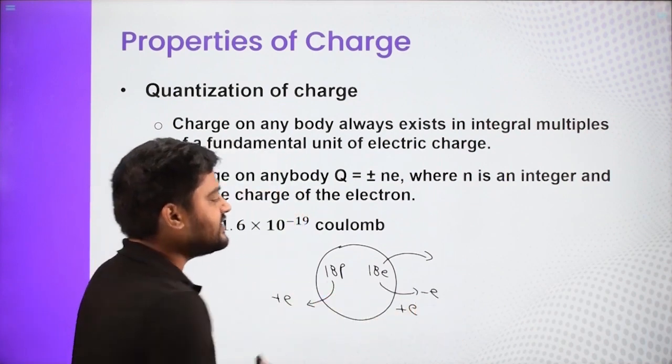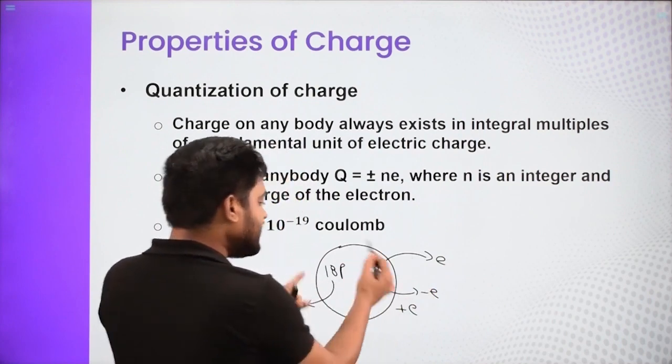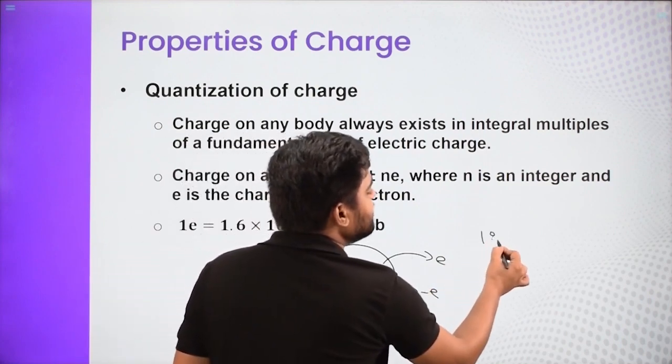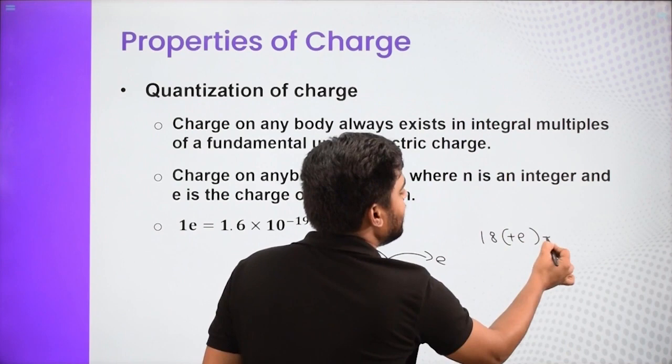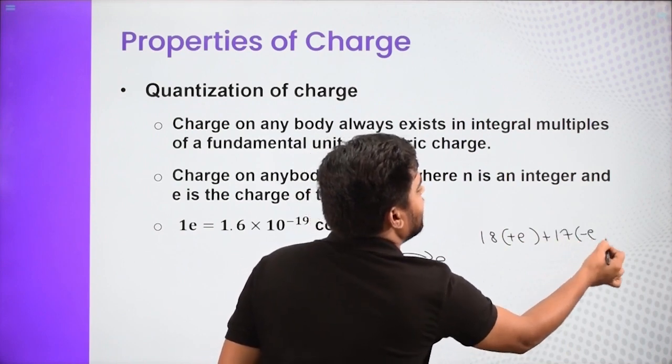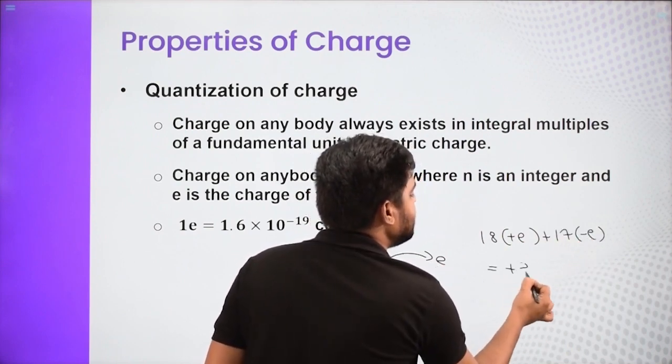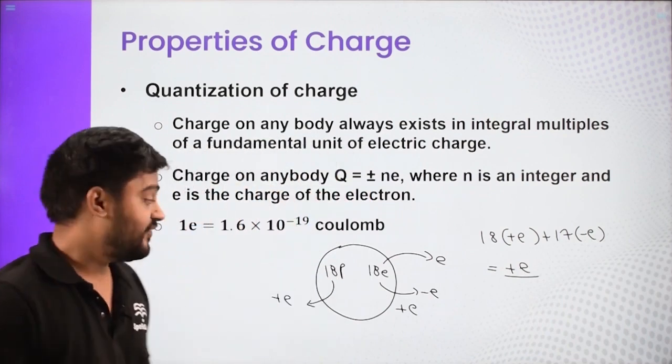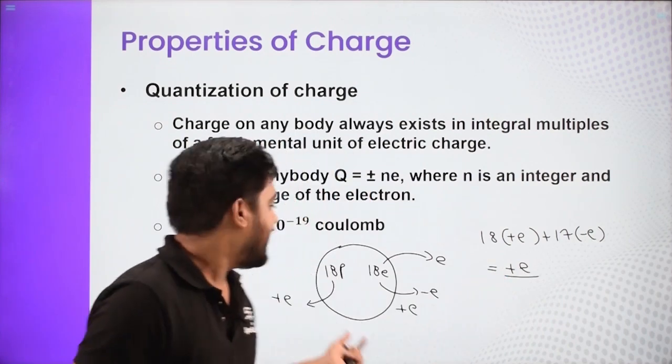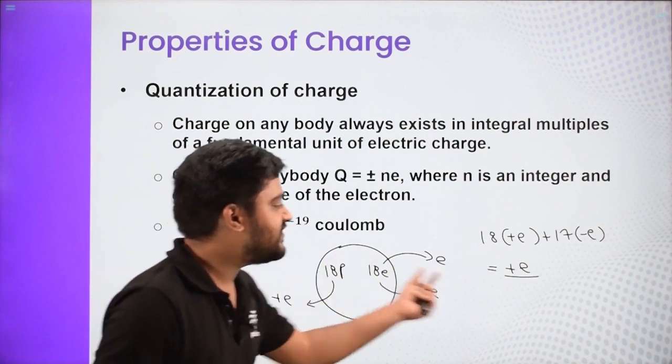So after one electron leaves, the total charge is 18 times plus e plus 17 times minus e, and we are left with plus e charge. That is the charge equivalent to one proton in excess, and this is now a positively charged object.